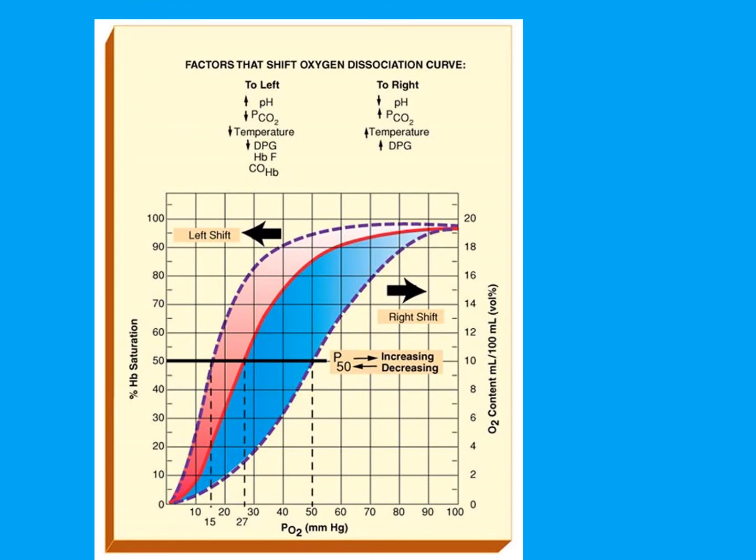Now remember, if someone's shifted, the therapeutic thing to do is give them more oxygen. In fact, on the board exams, that's the question they want you to answer. Hey, your patient is shifted on the curve. What do you do? Your answer, and you're learning it now, is going to be give them more oxygen, right?